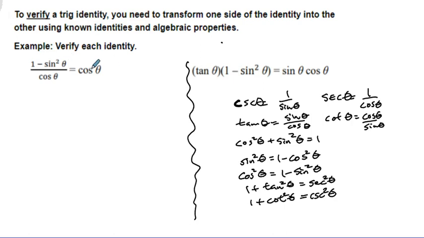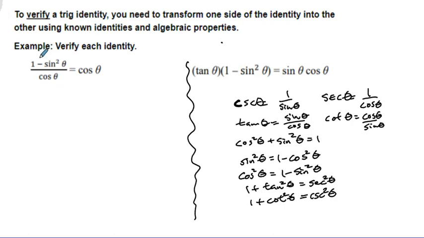So this one is pretty obvious because cosine really can't be simplified to anything other than cosine. It can't be written in terms of sine or cosine again because it's already written in terms of cosine. And writing it as 1 over secant would be completely counterproductive.